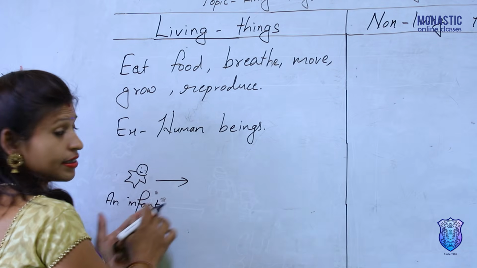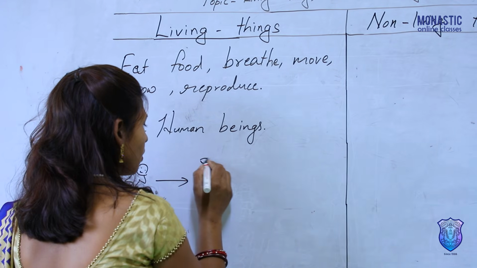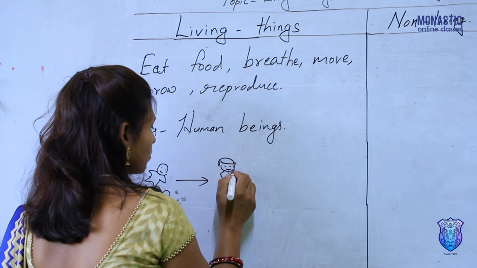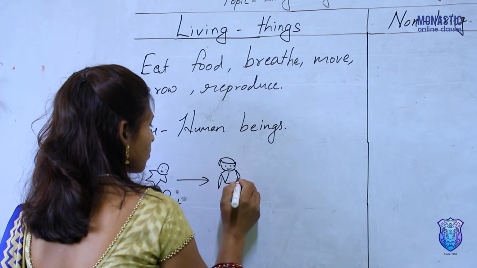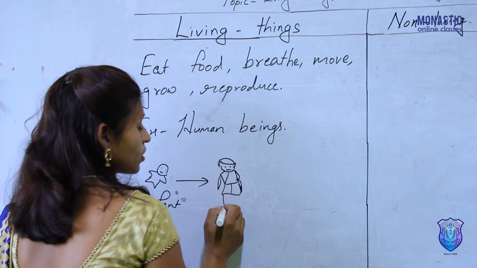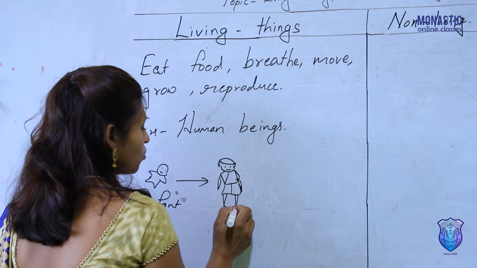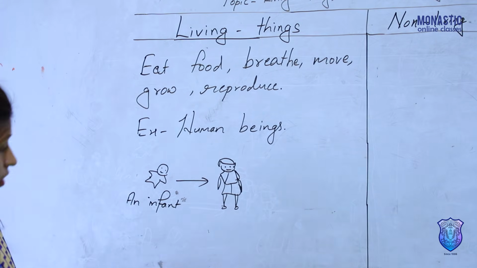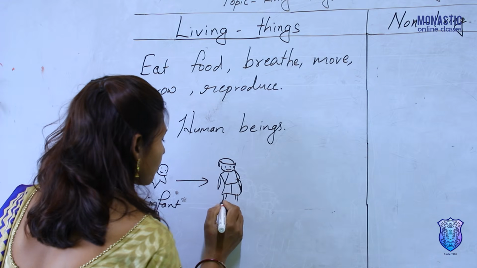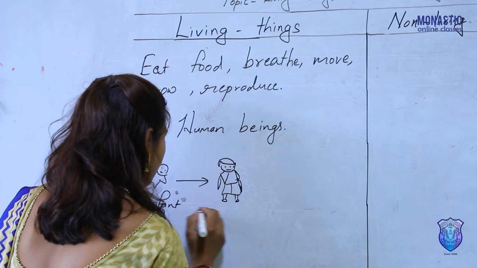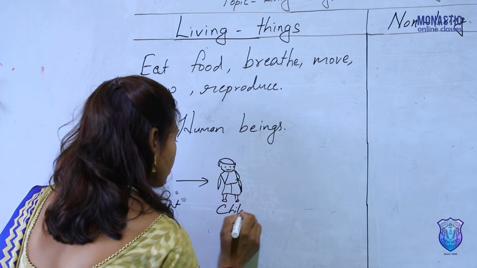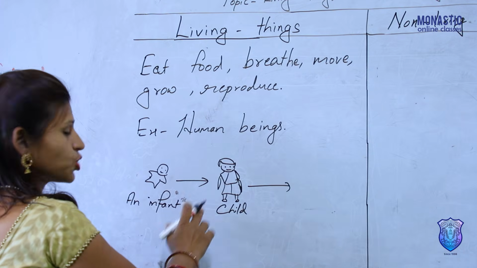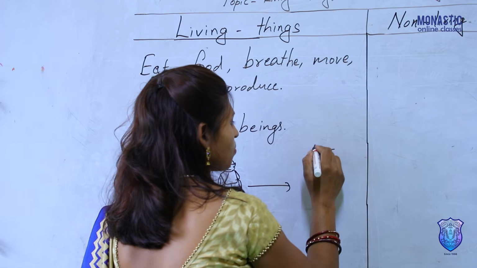After some days, an infant turns into a child. Here, one child. A child can go to school. A child can grow. A child can eat. Then after some more days, he turns into an adult man.